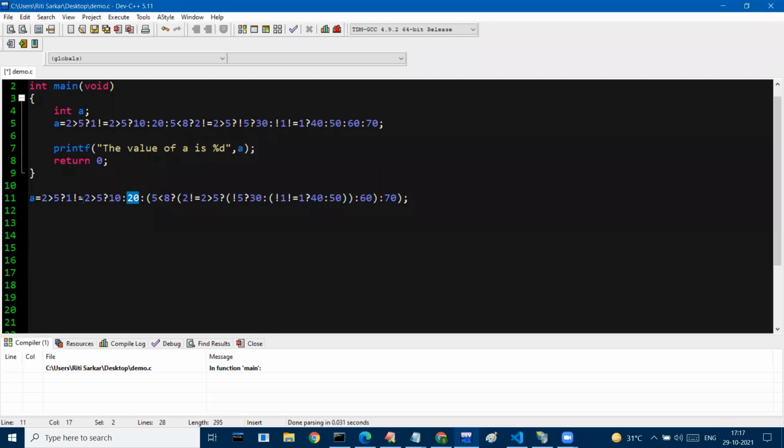So what we can do is bracketize this part. Yes, perfect. Next, we are left with 1 asking sign. For that, this is the expression 1, this is the expression 2, and this entire part is the expression 3. Now my bracketization is done.